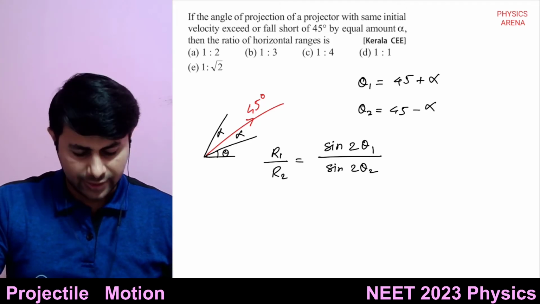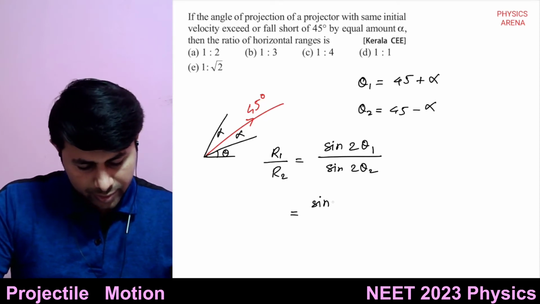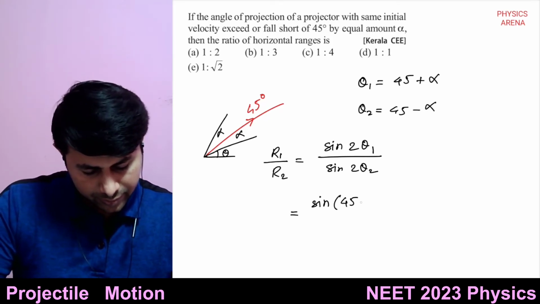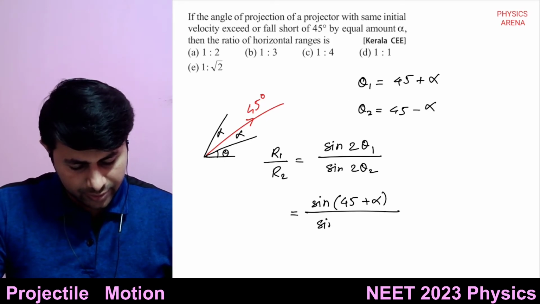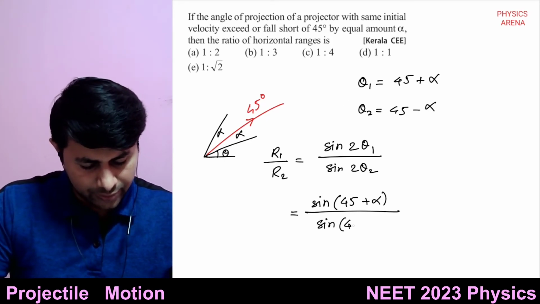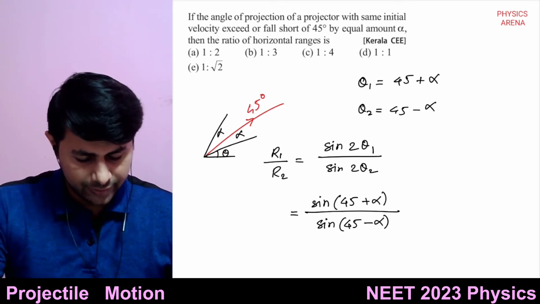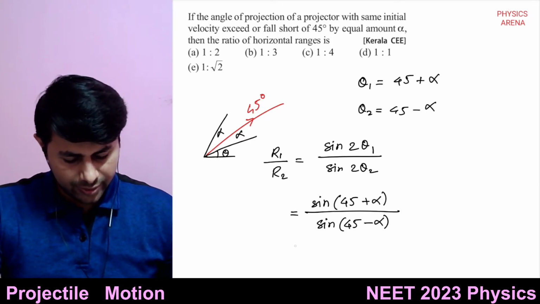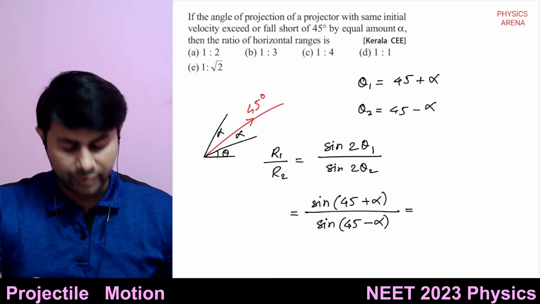No need to write the complete formula. So this is sine of 45 plus alpha over sine of 45 minus alpha. Oh no, it will be 2 times that.